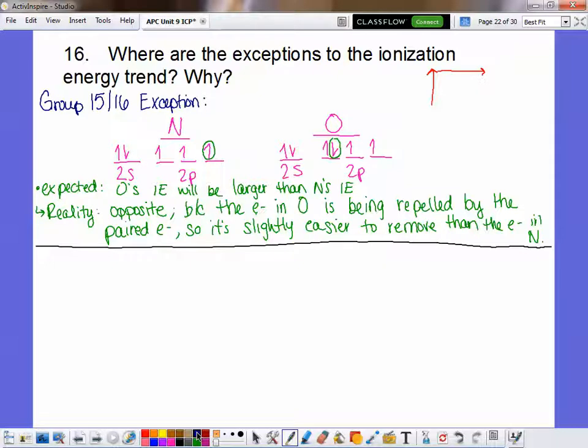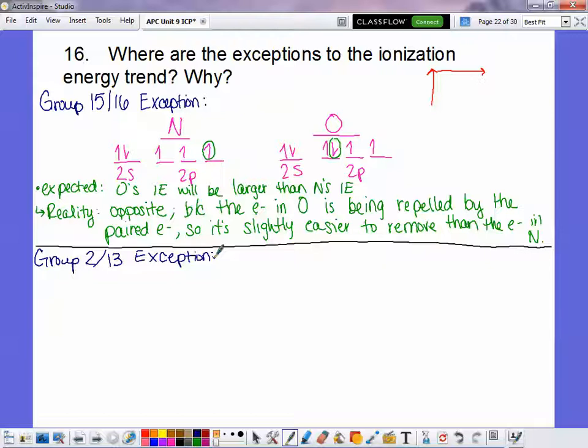The other big area where there's an exception to the overall trend is group 2 and 13. Based off of the overall trend, elements in group 13 should have a higher ionization energy than elements in group 2.